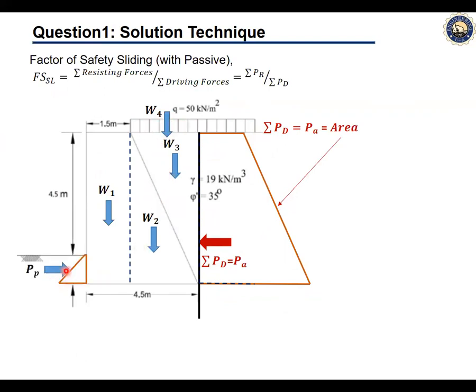Also on the passive side, we can calculate the amount of passive resistance and sum it up as N tan delta prime plus PP, where N equals W1, W2, W3, W4 times tan delta prime, plus the passive pressure, which gives us the summation of the passive resistance or the resisting forces. Now dividing the summation of PR over PD, we can easily calculate the factor of safety against sliding.